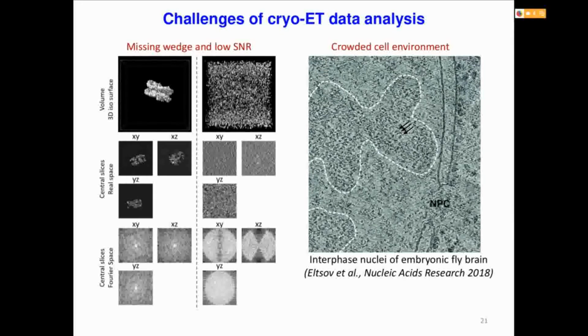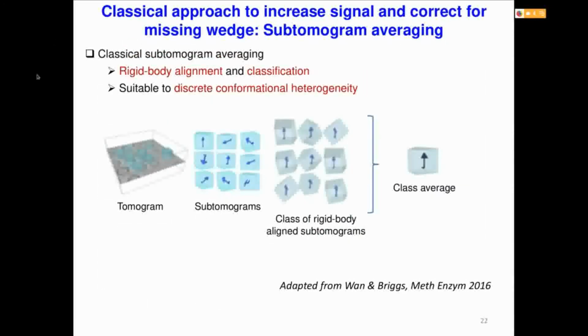An additional problem is the crowded cell environment. For example, here you see nucleosomes in a very dense region of the cell. A classical approach to increase signal and correct for the missing wedge is subtomogram averaging, which is based on rigid body alignment and classification and is suitable for discrete conformational heterogeneity.